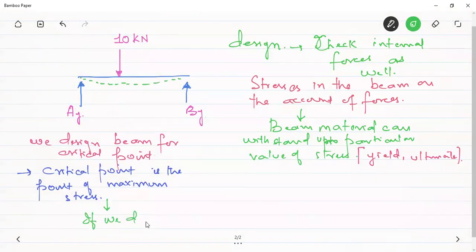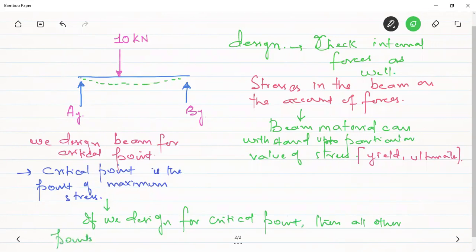If we design for the critical point, then all other points will be safe. Because if we have designed for the section which is carrying the maximum load, then other sections will definitely carry less load, because the critical point is where we have the maximum value of stress. So if we always design for the critical point, then all the other sections of the beam will be safe.